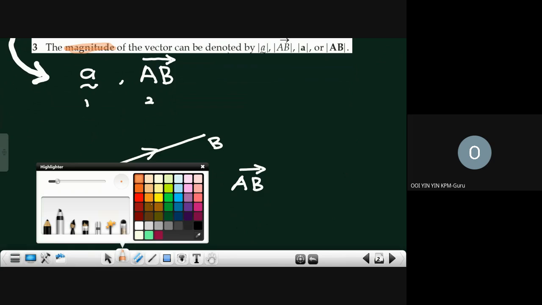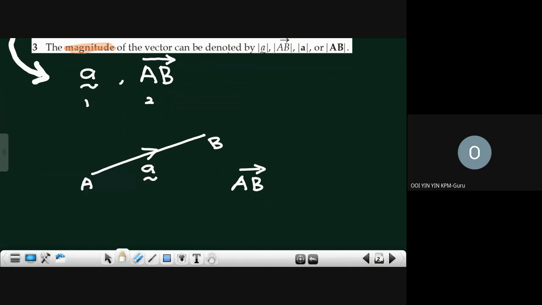If you see this symbol, that means it's a magnitude. Magnitude means the value, like what I said just now, 70 kilometers per hour. Usually we can write like this, modulus of a, with the modulus sign. This is the magnitude of a. Then like this, the magnitude of B.